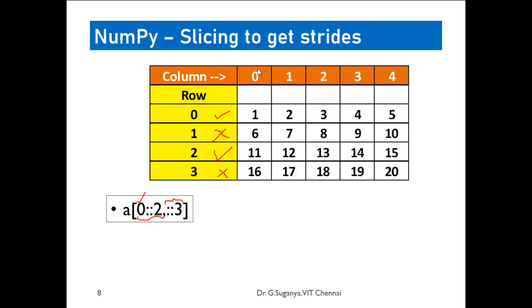So the column value will start with 0 and end with 4, and the step value is 3. After including column 0, it will skip 1 and 2 and it will include 3.